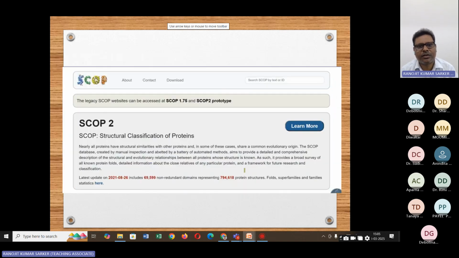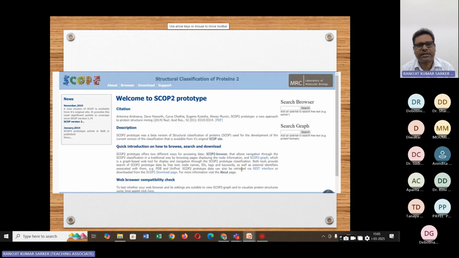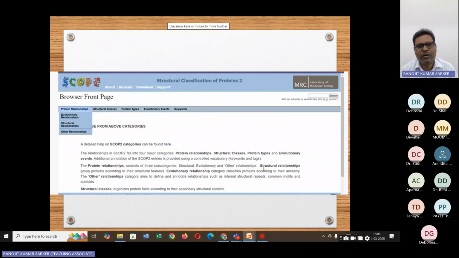From Google, we can explore these databases. In SCOP, there are two versions, two prototypes, SCOP 1 and SCOP 2. The organization is different only, so we can use either one.